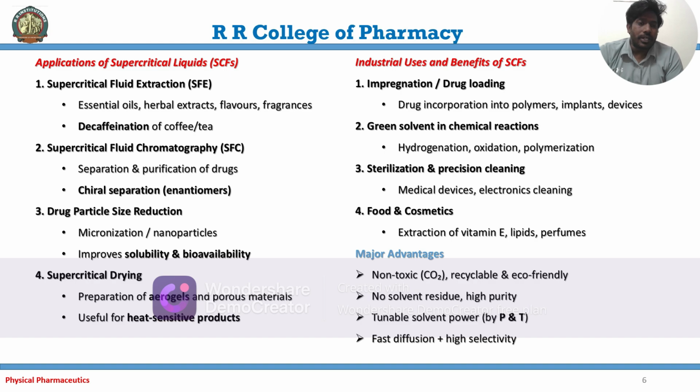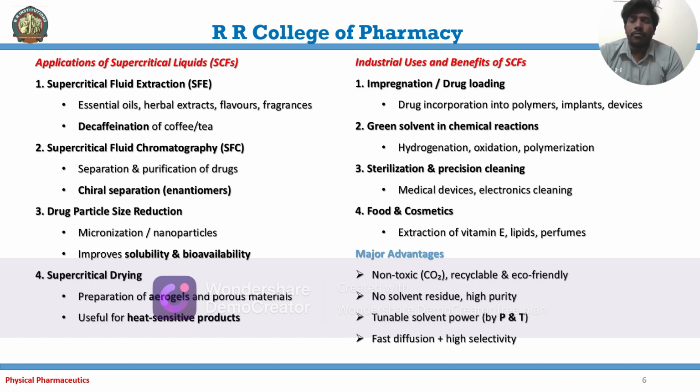Drug particle size reduction. As these fluids have very low viscosity, they can form very fine droplets, which are useful in the preparation of micronized particles and nanoparticles, which will improve the solubility and bioavailability of the drugs. Next one is supercritical drying.